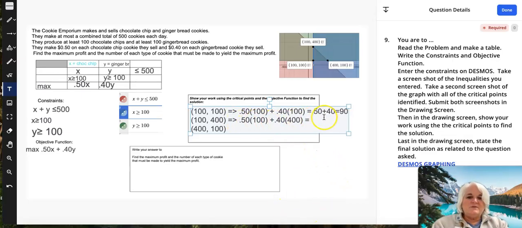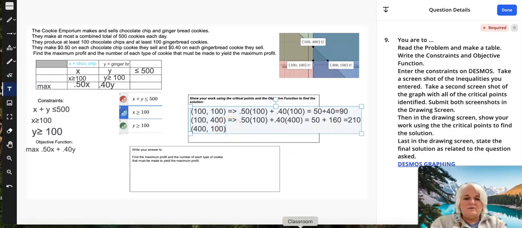This is going to be 50 again, and then the 0.40 times 400. 4 times 4 is 16. Take one of the zeros away to move the decimal over, and I have a whole 16, and then add a 0 onto it, so that's 160. And so this is equal to 210.